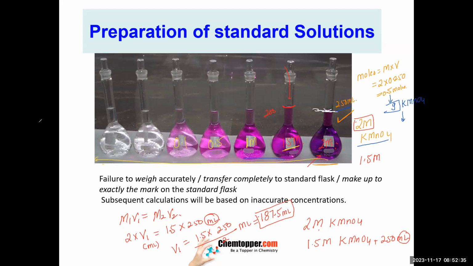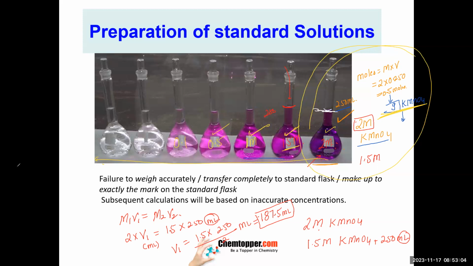So we are using dilution law to make multiple standard solutions. I made only one standard solution, highly concentrated, this one, by using the weighing scale and the masses. But after that, I'm using the same solution, calculating the volume to get the second one, using the second solution to get the third one, using the third solution to get the fourth one, fifth one.